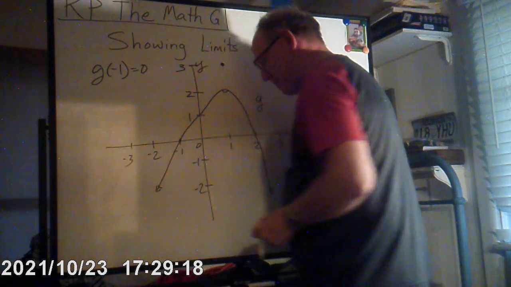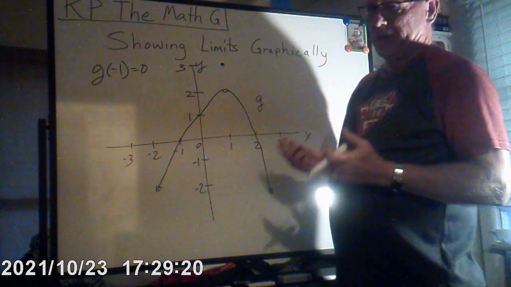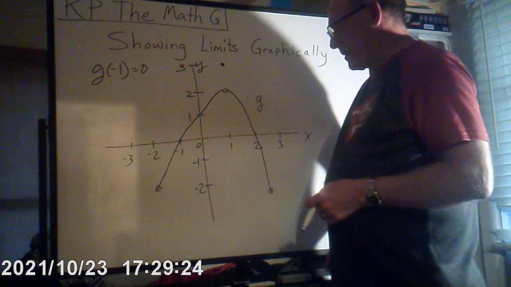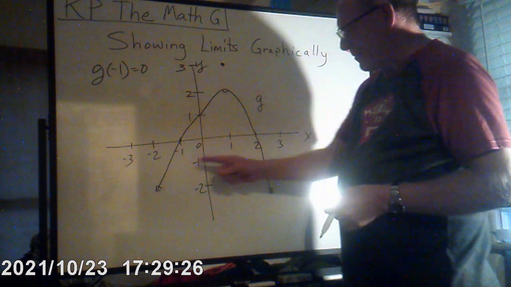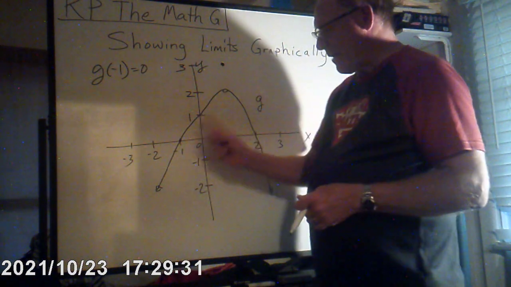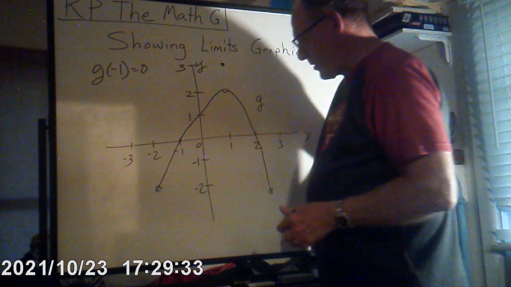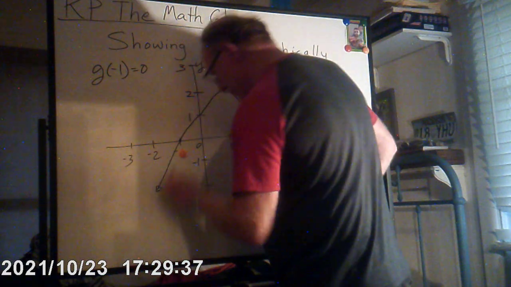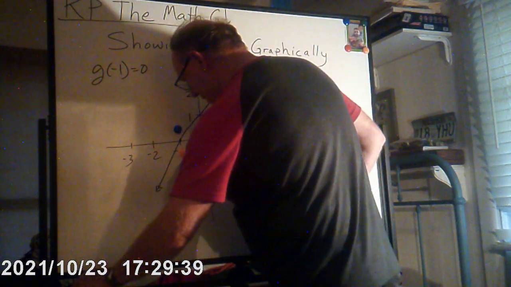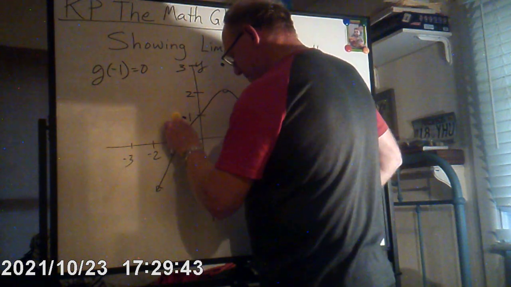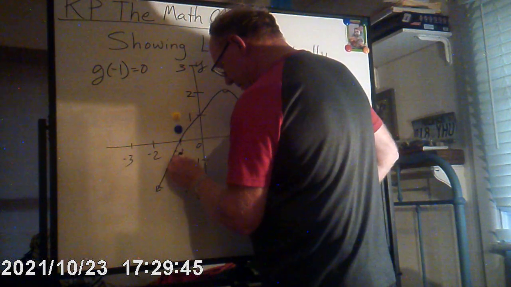Now, when we come to the limit, when we think about a limit, we want to consider the left side and the right side. So let me kind of do this for you. This is going to be like a vertical line here. It's imaginary, you can't really see it.